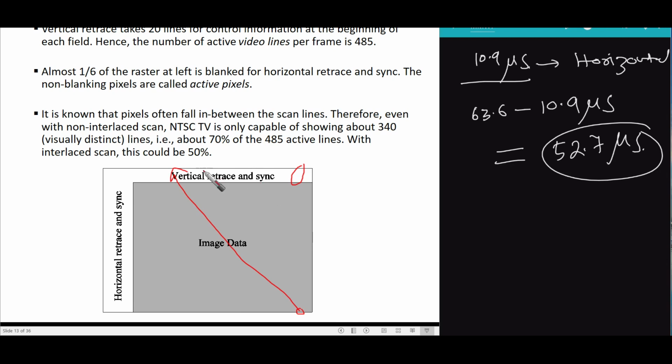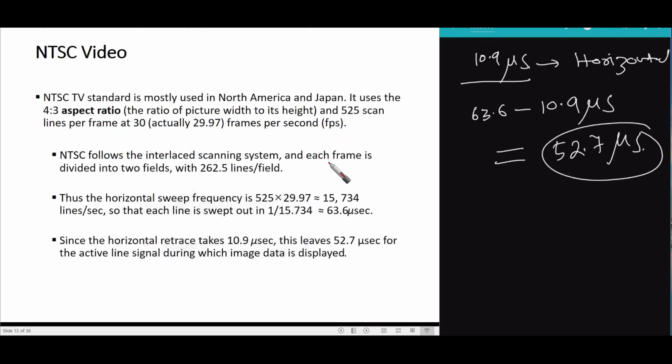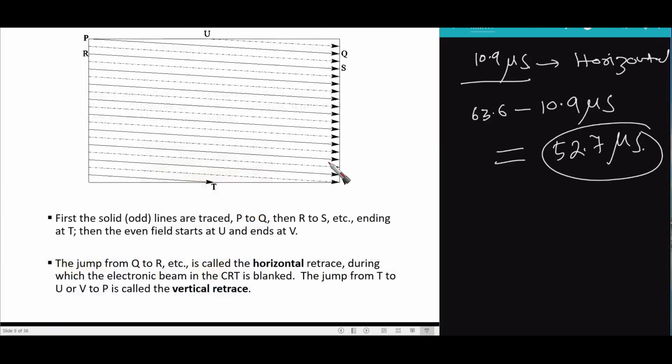You can say that vertical retracing, while the camera goes off mode or silent mode, while this vertical retrace happens and vertical synchronization happens, is equivalent to a 20 line scan time at the beginning of each field, right? So when it starts scanning, let's say it finishes, comes to here after one field, and then goes back to here.